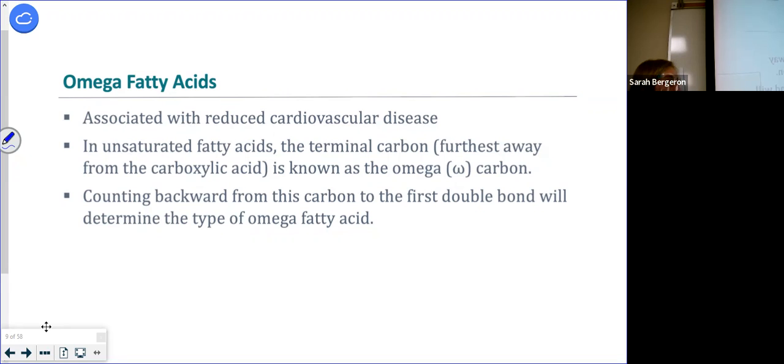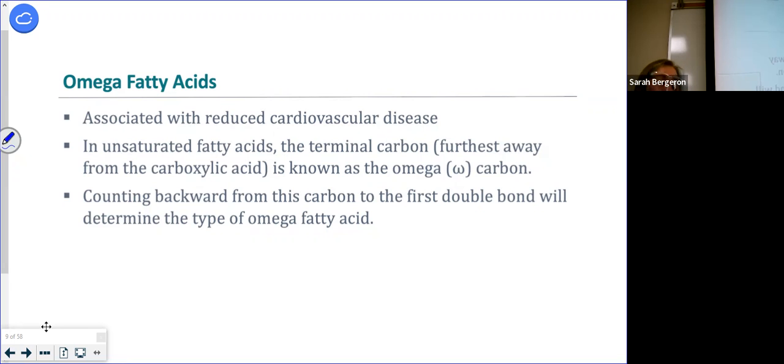And so what they found is that people whose diet includes these omega fats have better cardiovascular health. And they think it actually has to do with activating a nuclear receptor. And that nuclear receptor, right, those are transcription factors. And that nuclear receptor will change transcription.